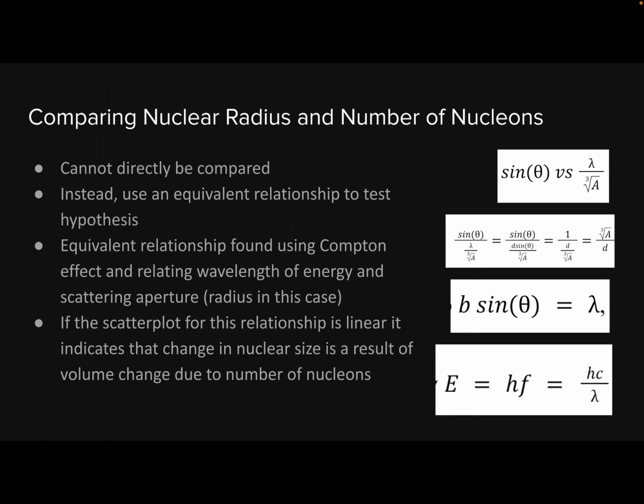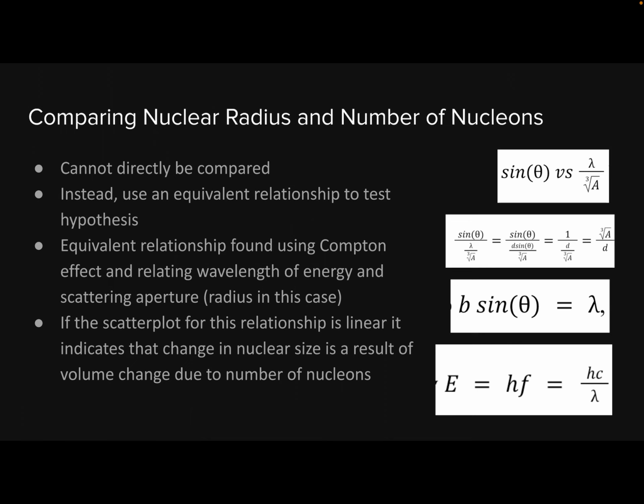Using these together, we can find that the sine theta versus wavelength over the cube root of A relationship essentially proves the same proportion as the cube root of the number of nucleons and nuclear radii. So they basically prove the same thing.